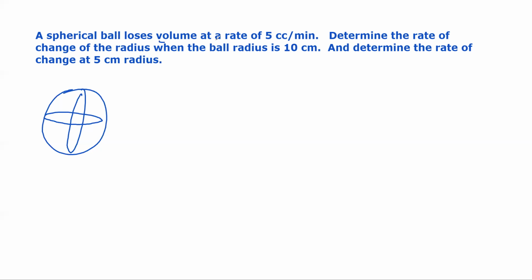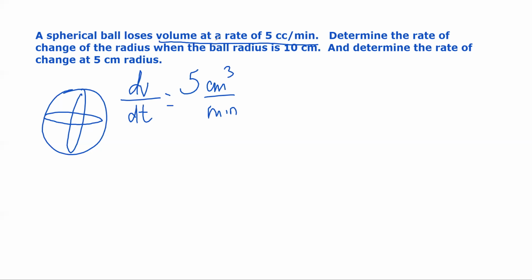We can state this derivative as a known constant, but what you've got to realize is this change is being applied in regards to time. Now, cc is cubic centimeters. So this ball is losing air fast.